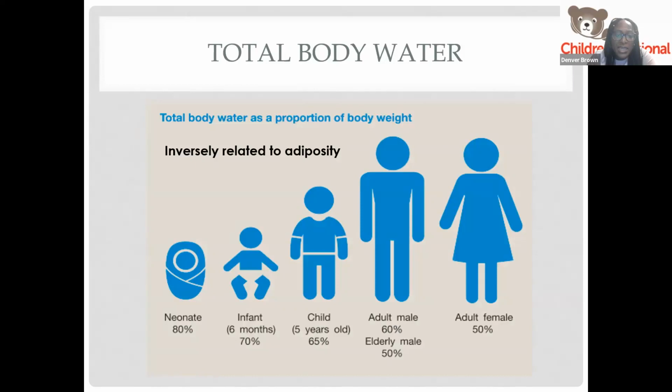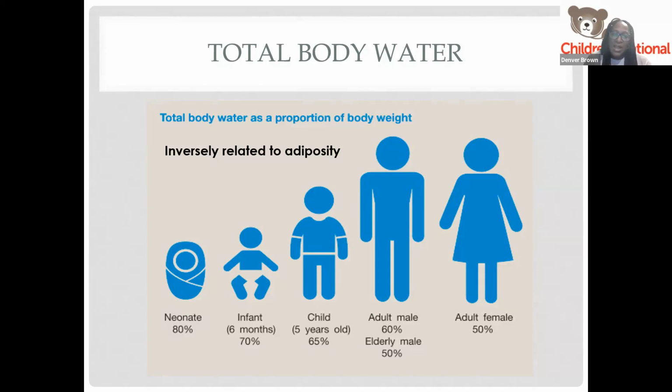So before getting into fluid and sodium balance, we have to go through a couple core principles. One of those principles is total body water. Now, total body water is a proportion of body weight, and it's inversely related to adiposity.